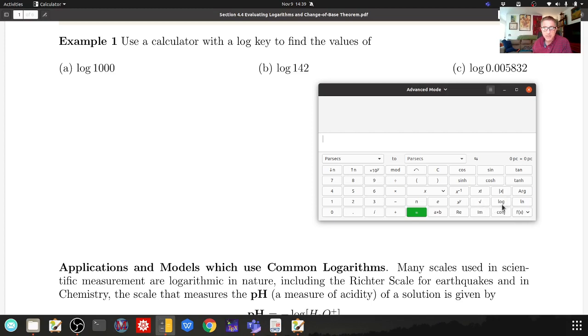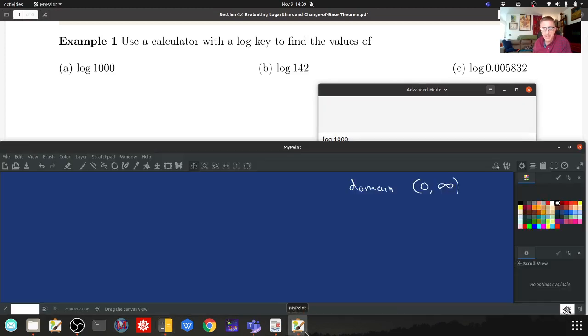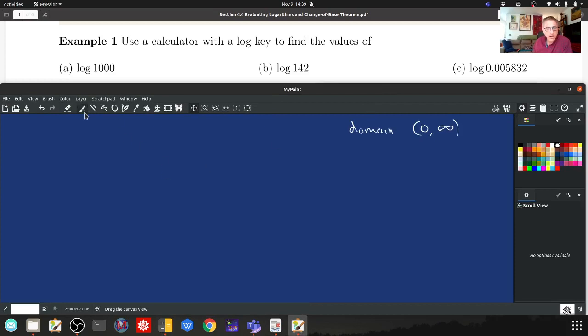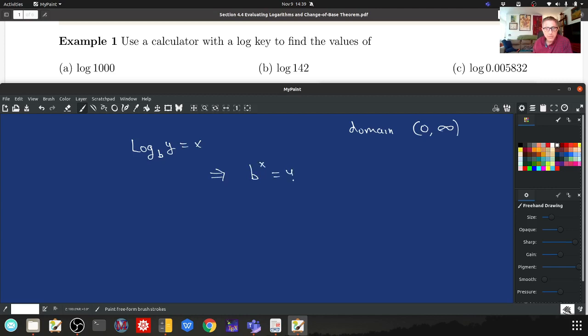For this particular calculator, to find log of 1000, I hit it in that order, log 1000, and then I hit equal. But we're not going to hit equal just yet. Let's think about this. We know that log to the base b of y is equal to x implies b raised to the power of x is equal to y.